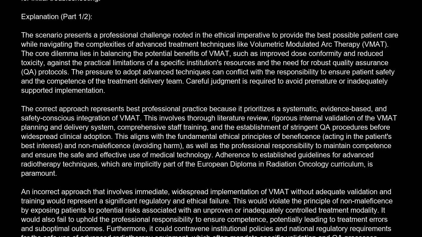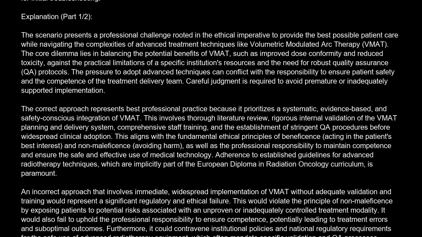This aligns with the fundamental ethical principles of beneficence, acting in the patient's best interest, and non-maleficence, avoiding harm, as well as the professional responsibility to maintain competence and ensure the safe and effective use of medical technology.